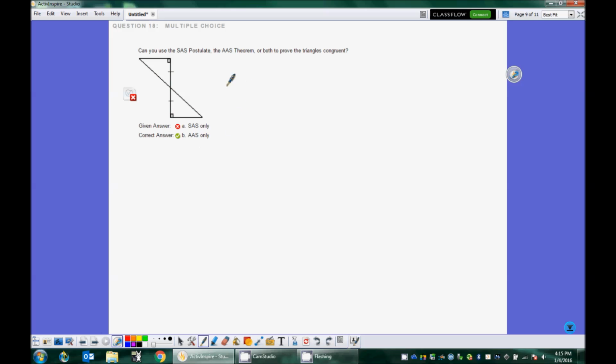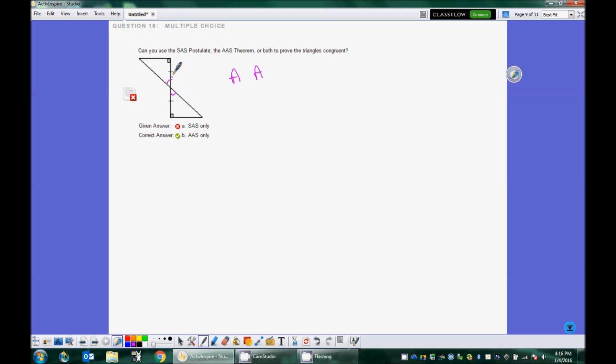All right, so next here, it says, can you use side angle side, angle angle side, or both to prove the triangles are congruent? Okay, so in this one, I'm going to go ahead and mark any shared side or any vertical angles, or if I had a transversal, this is where I'd be marking alternate interior angles, things like that. So the only thing that I can actually add here are the vertical angles.